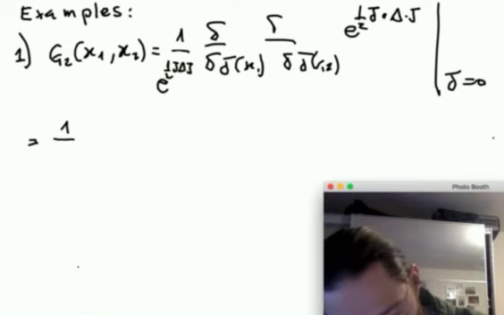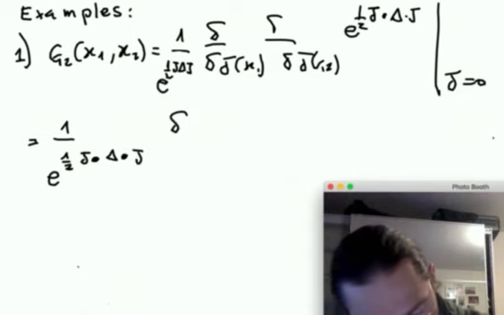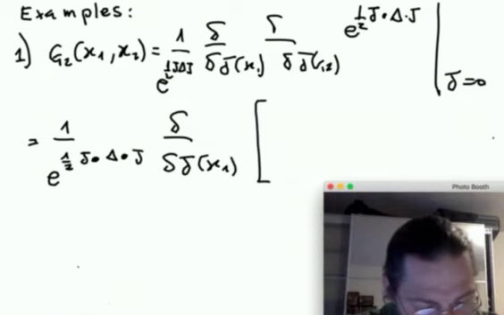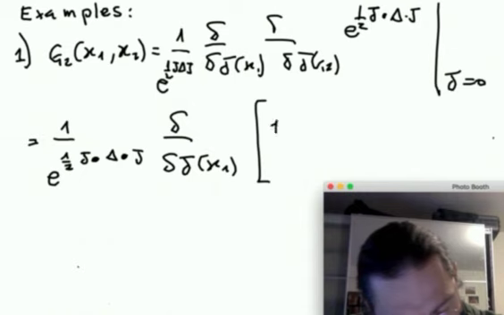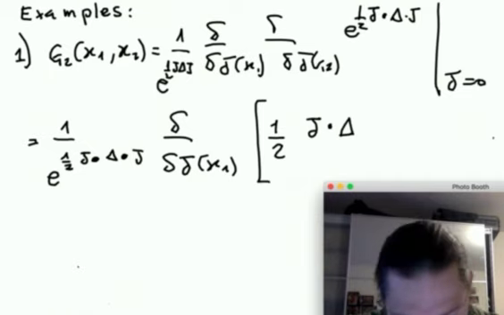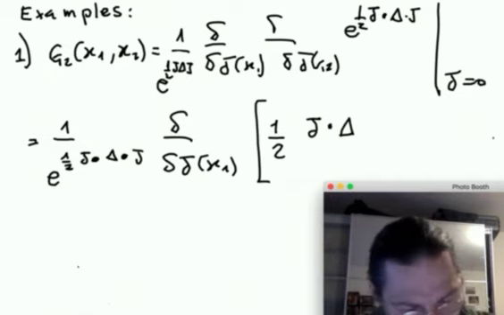We get 1 over e to the 1/2 with my notation J delta J. Then I have d by dJ in x1, and now I perform the derivative with respect to J2, and I will get 1/2, and then I will get J delta, so to say, evaluated in x2, right?